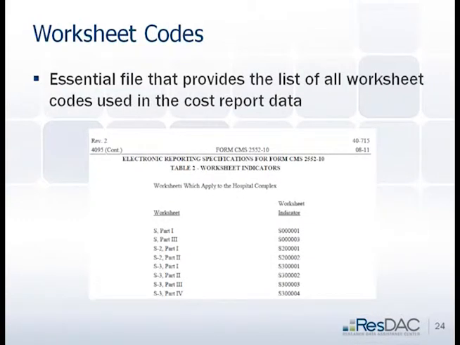Worksheet Codes is the next resource document that we'll take a look at. And that one I call essential because this is how you will see worksheets coded in the data file. And it may look simple right here. When we say, okay, worksheet S3 part 1 with the statistical, I can get that, S3 and then a bunch of zeros and a 1.